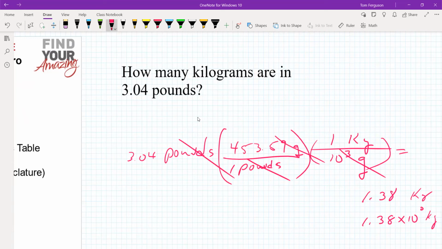And I would much prefer if you put it down as 1.38, unless I specifically asked you to put everything in scientific notation. Okay? Because I think the 1.38 times 10 to the 0 is awkward as heck. Some people don't even know what 10 to the 0 means.